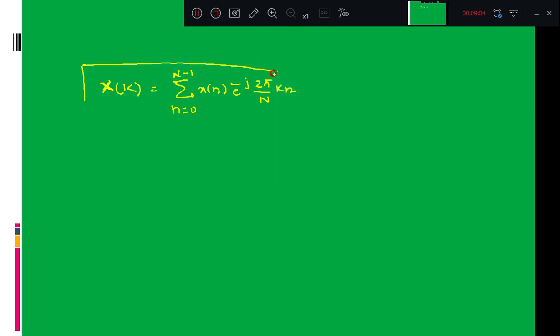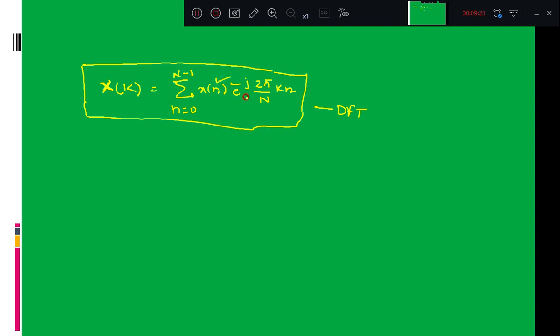This is the mathematical definition for the discrete Fourier transform, that is DFT, which is very important. Later we will be using this equation to find out the DFT of the sequence x(n), right?